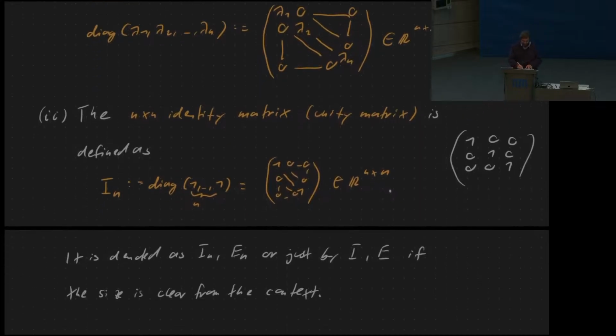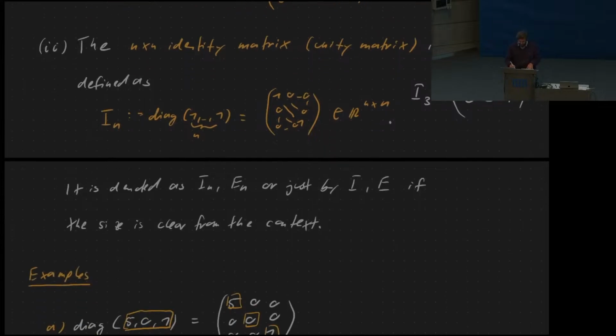And it's usually written as I and then the size as a subscript. So this is I3, identity matrix of dimension 3. Okay, you sometimes also see the notation E instead of I. That comes from the German term Einheitsmatrix. Yeah, so that's also something that you will see frequently. I'll usually try to use I.